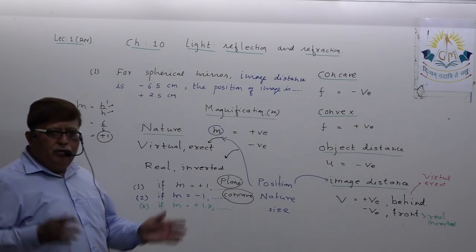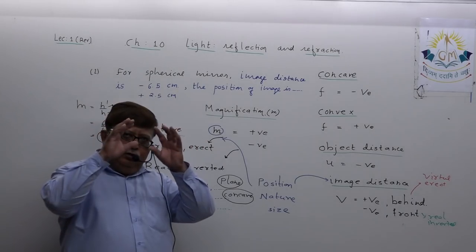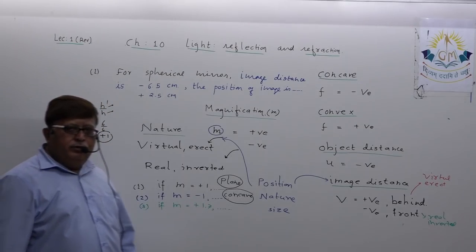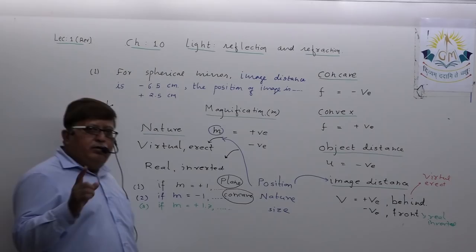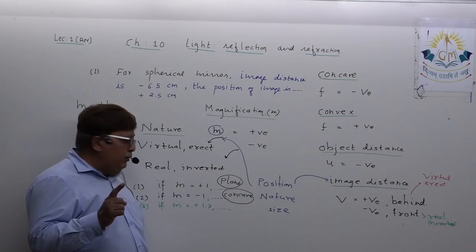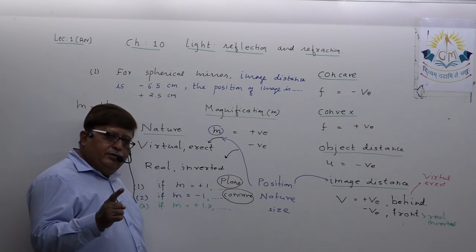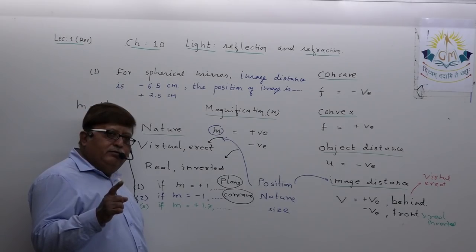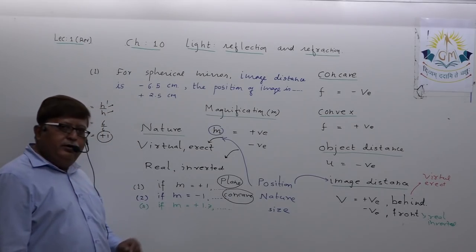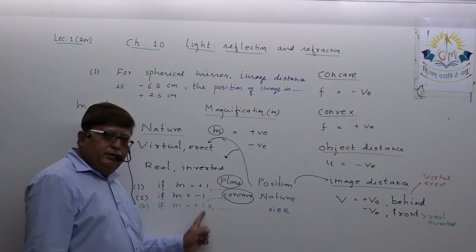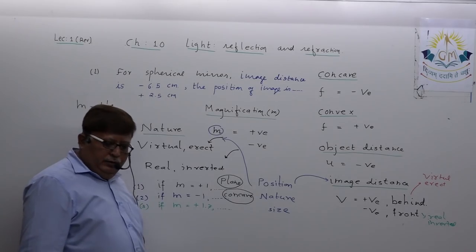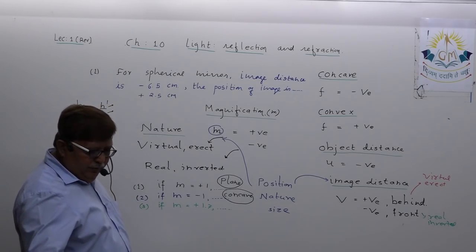If you can gather all mirror diagrams in front of you, you can guess. Concave mirror can do this. Concave mirror can produce virtual, erect, and larger image of the object. Is it clear in your mind? Image is virtual, erect, and larger. Which mirror? Concave mirror. Okay.